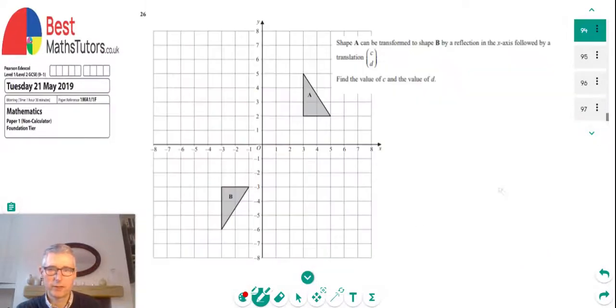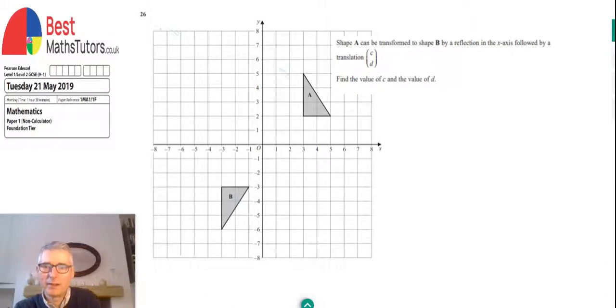And if we move on to the next one, question 26, what we've got is a transformation. That just means when we're moving shapes around on a grid like this. And it says, first of all, we're doing a reflection in the x-axis.